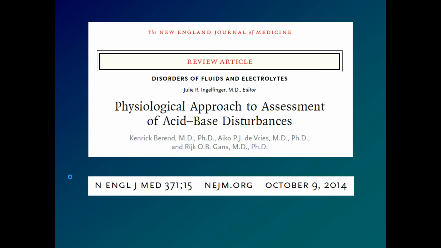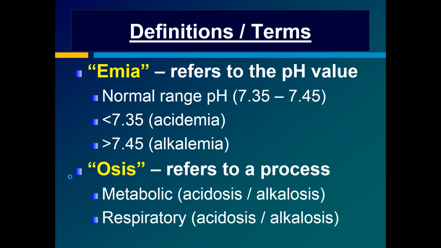Now, we have to make sure everyone's on the same page, so we're going to start out with just a few definitions and terms. If you've not already heard these terms, you'll hear things like acidemia or alkalemia. Anytime you hear emia in reference to pH, we're really talking about whether the pH is acidemic or alkalemic.